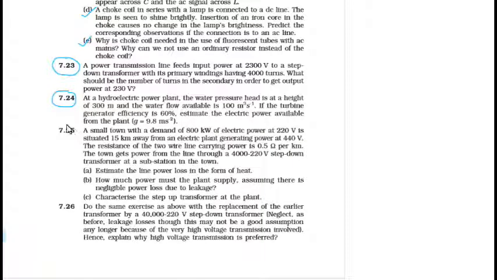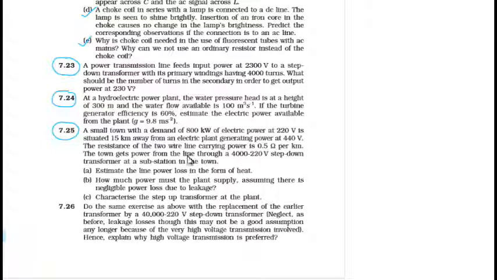The next problem is 7.25. A small town with a demand of 800 kilowatt of electric power at 220 volt is situated 15 km away from an electric plant generator generating power at 440 volt. The resistance of the two-wire line carrying power is 0.5 ohm per kilometer.